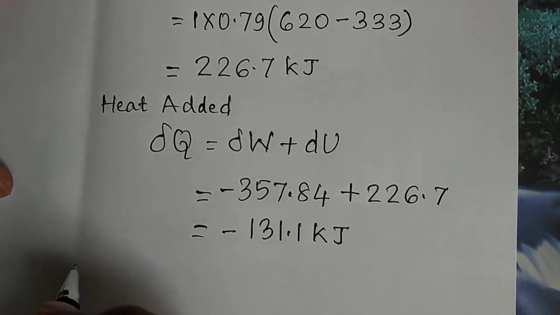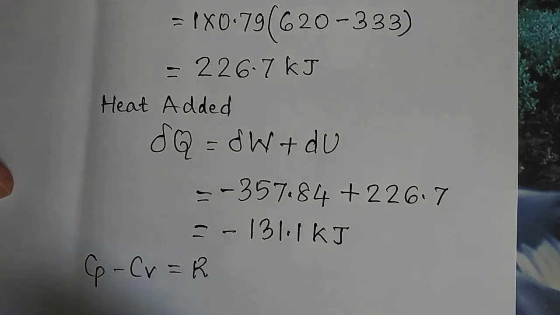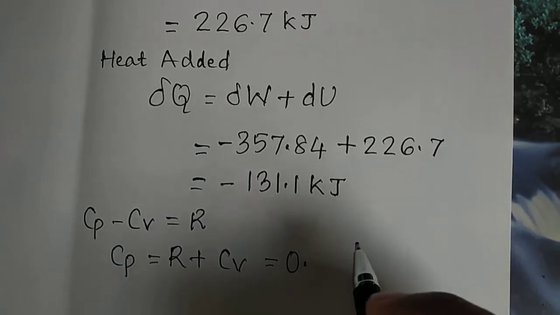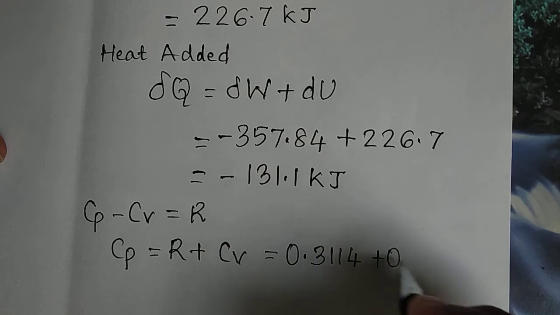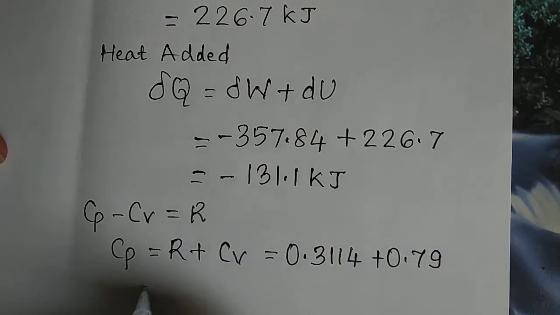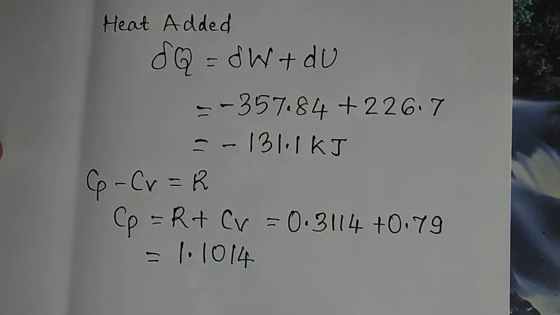Then we know Cp minus Cv is equal to R. That is, Cp will be equal to R plus Cv, that is, 0.3114 plus 0.79 gives me the value of Cp. That is 1.1014 is the value of Cp.